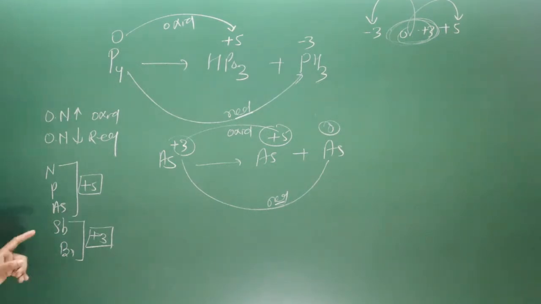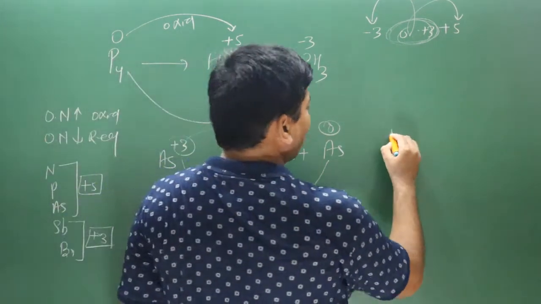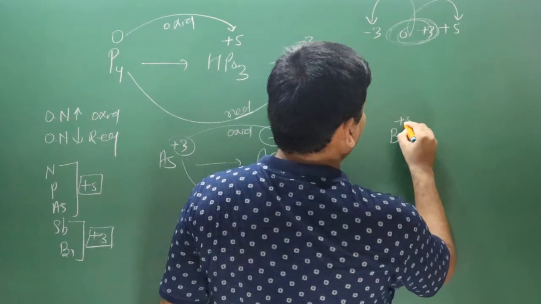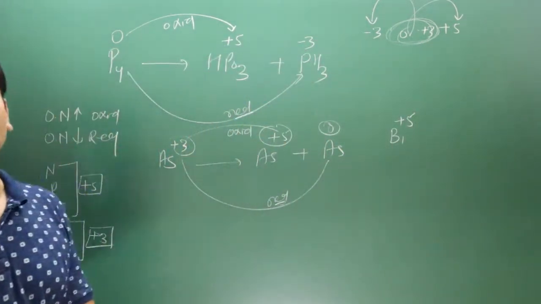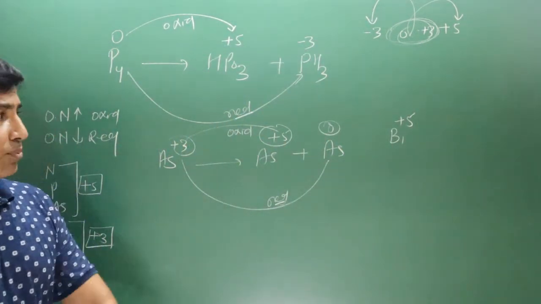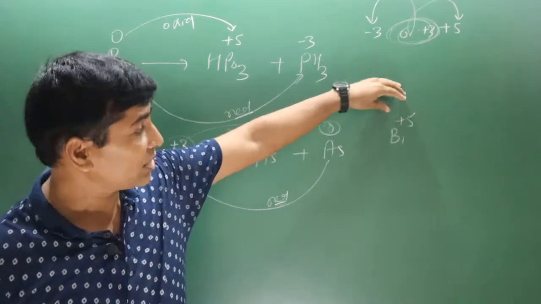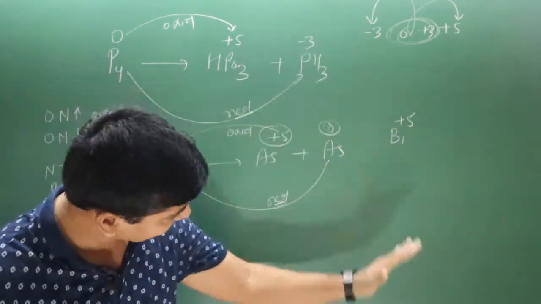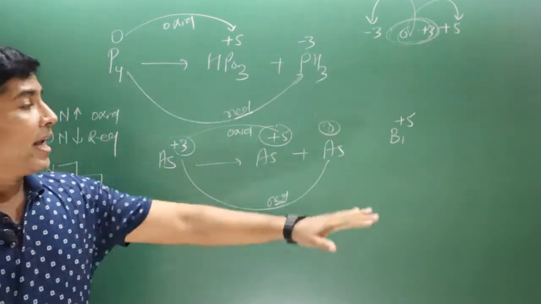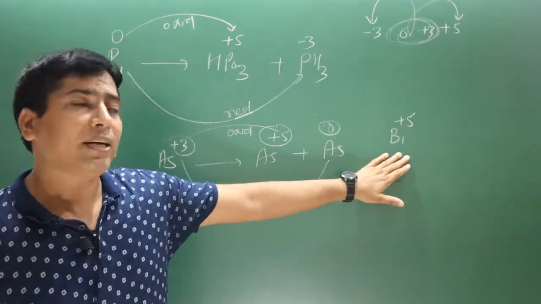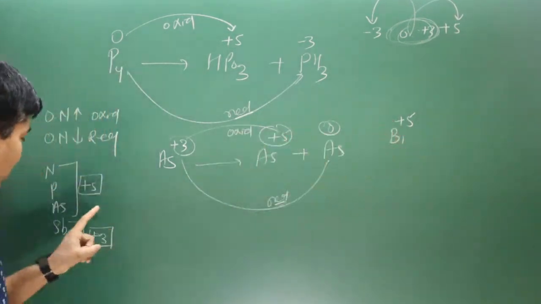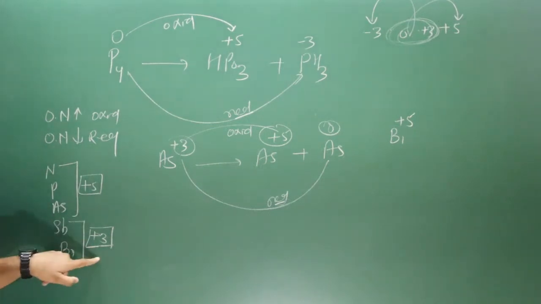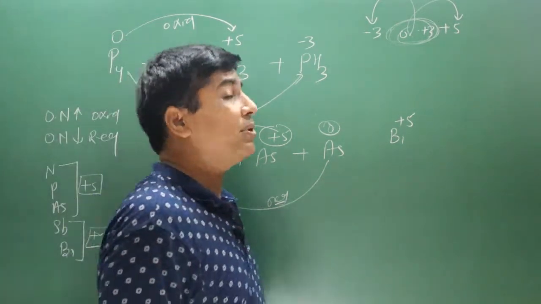Let me take one example over here. If we have a compound in which bismuth is present in +5 oxidation state, it is highly unstable, because the stability of +5 oxidation state decreases down the group. That's why it has a greater tendency to convert into bismuth +3 oxidation state, because in this oxidation state bismuth is highly stable due to inert pair effect.